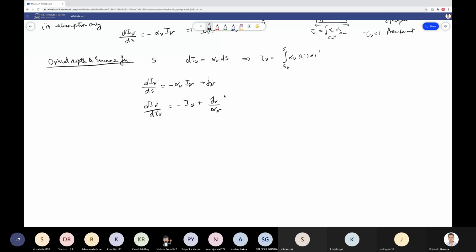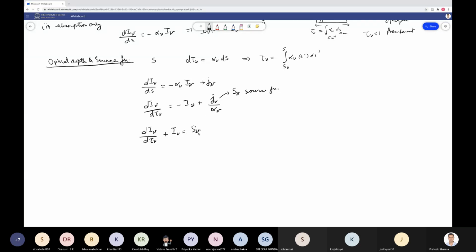This ratio of emission coefficient and absorption coefficient is called the source function. Most of the time, radiative transfer is done in terms of S nu rather than alpha nu and j nu, and S nu also has a nice interpretation. So our radiative transfer equation becomes dI nu by d tau nu plus I nu equals S nu.